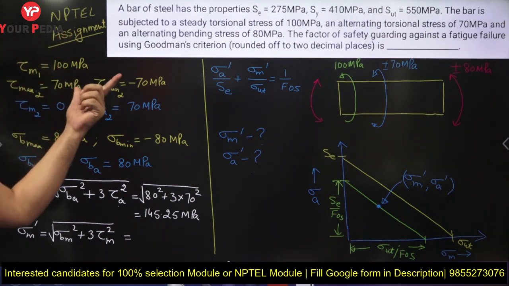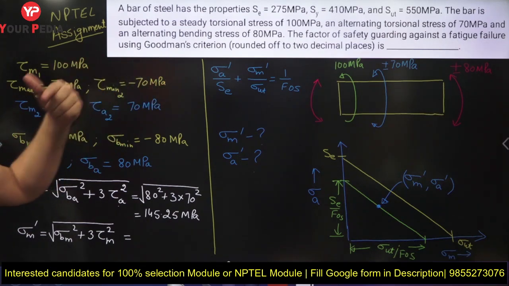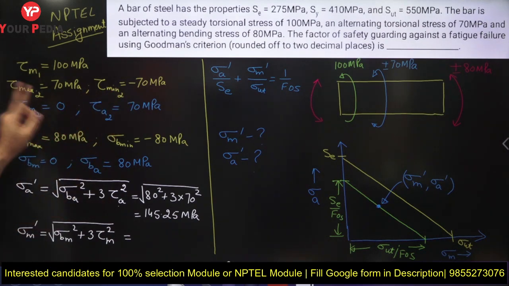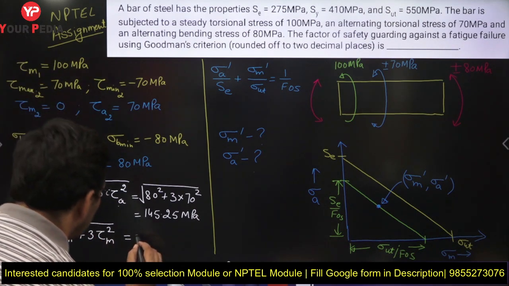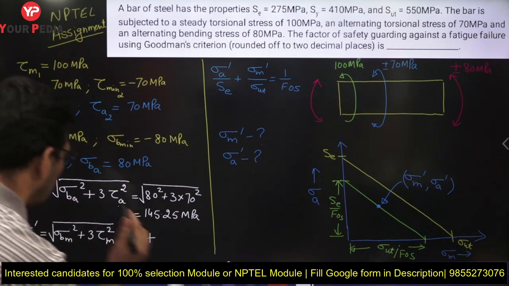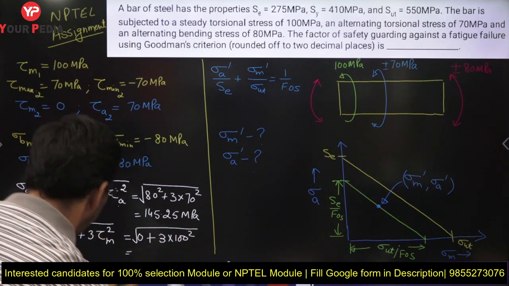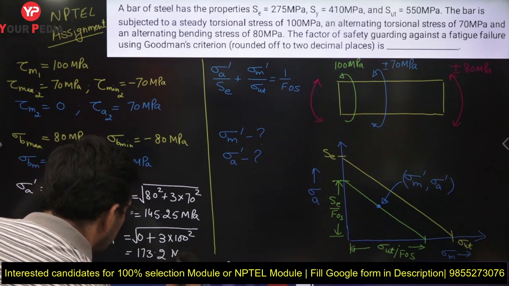In this case, because it was completely reversing, it is 0, but had he given you a value, for example 70 and the other 150, then there would have been some value of mean. But always you have to take the total, because I have one mean over here and another mean over here, so combine this plus this, because the nature is the same. So the net mean for me is 100 plus 0, that is 100. So can I write it this way? 0 plus 3 times 100 square. This value turns out to be 173.2 megapascal.